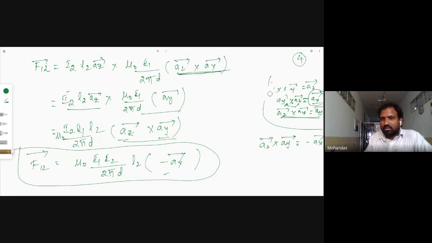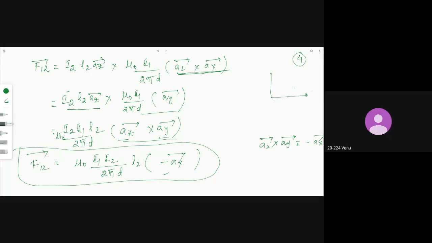Please respond. Minus AX is the direction of the force. What is F12? F12 is which force? Force due to conductor 1 on conductor 2.